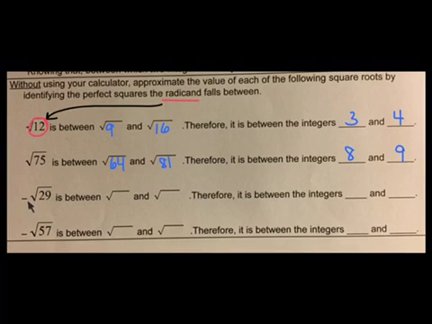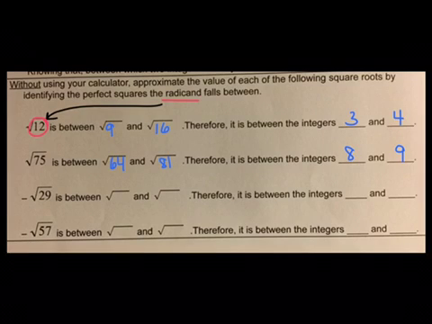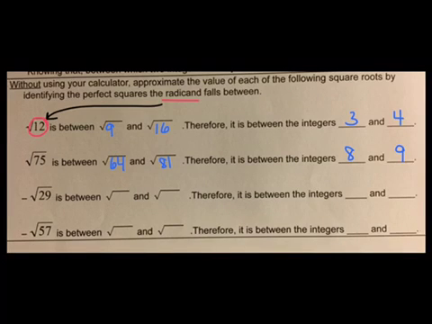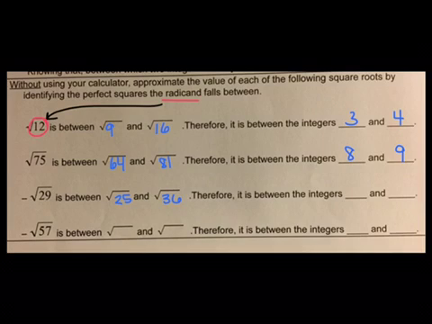So for this first one, we have the negative square root of 29, meaning we're looking for the negative root of the square root of 29. We're trying to approximate in the negative direction. So let's ignore the negative for a second. Thinking of the square root of 29, it falls between the square root of 25 and 36.